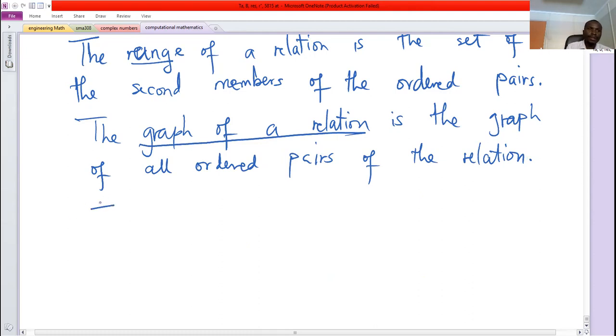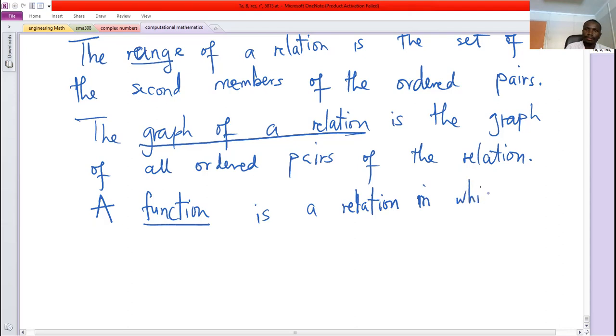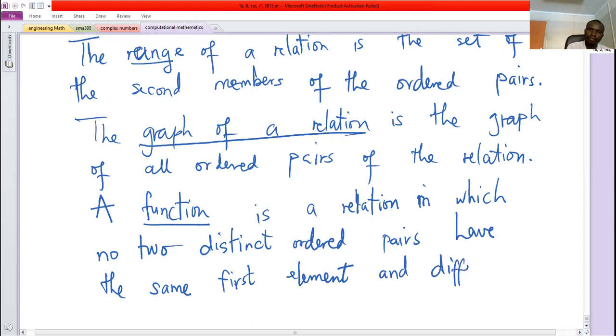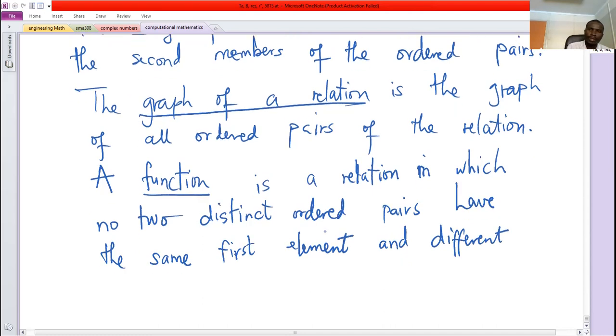And then the next definition, a function is a relation in which no two distinct ordered pairs have the same first element and different second elements.